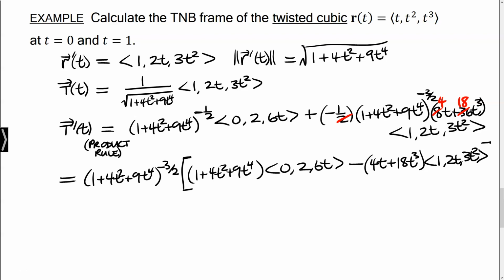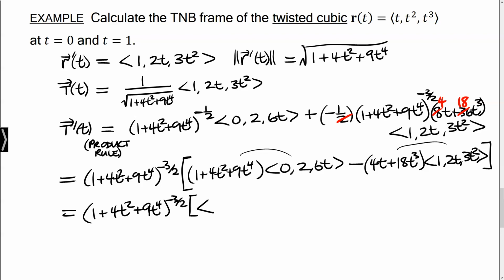All right, so it looks like this might be worse, but it's actually not so bad, because now it's just a matter of distributing, and these are just polynomials. So from the first, we've got 0, because it's just 0 in the first component, and then minus 4t minus 18t cubed. Let's see what we got for the second one. We've got to multiply this whole thing by 2, so 2 plus 8t squared plus 18t to the fourth.